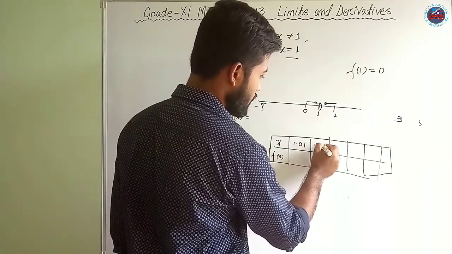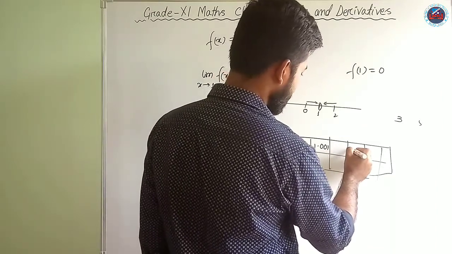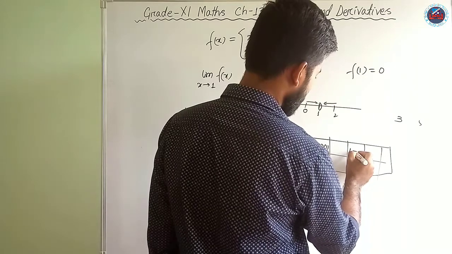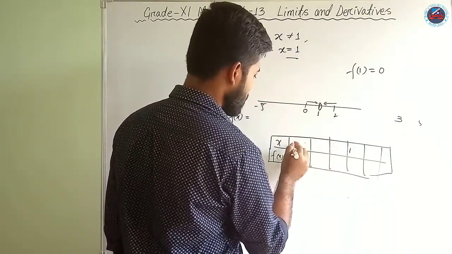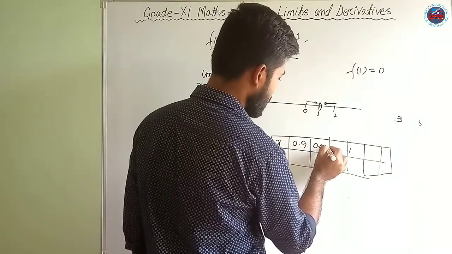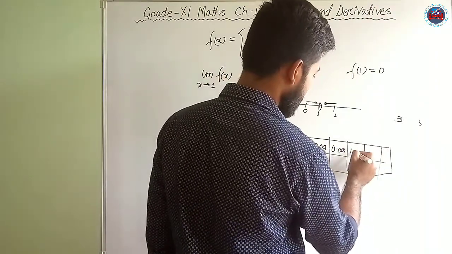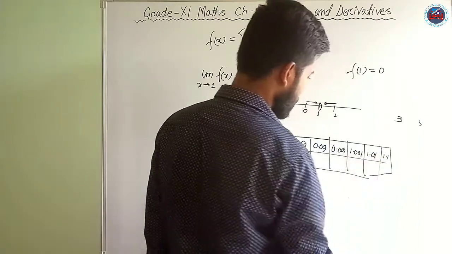Let us take 1.01, 1.001, and on this side 0.9, 0.99, 0.999, and on the other side 1.001, 1.01, 1.1, and so on.